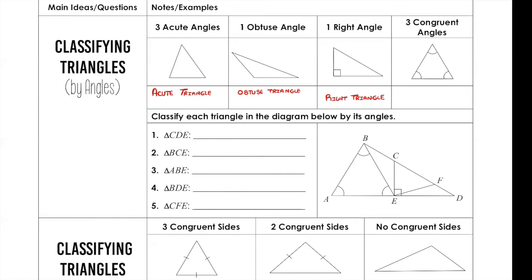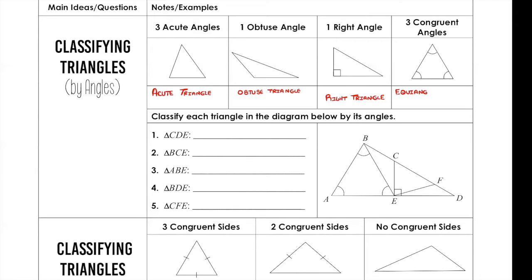All right, and then our last one. Isosceles is when we classify it by side. What's the other one? We're classifying by angles right now. It's the one that, it's equiangular. You want to finish the equal part?